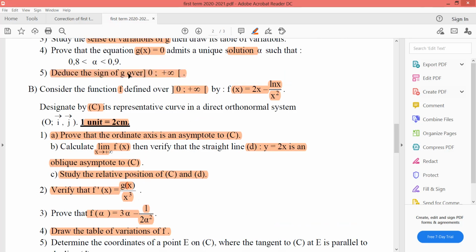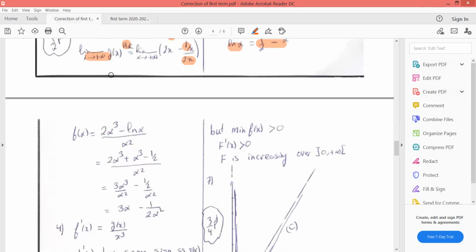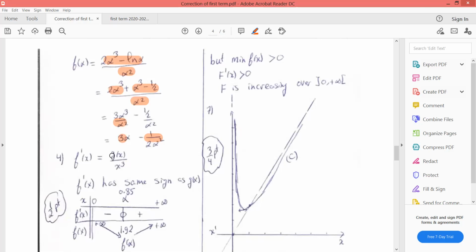Between 0 and alpha, g is negative, meaning f prime is negative. From alpha to plus infinity, we have seen also that g of x is positive, meaning f prime is positive.